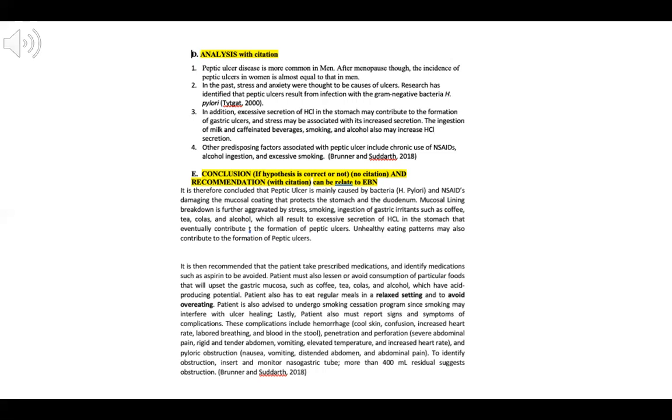So we come up with analysis with citation. Okay, and then the last part of the ecologic study is the conclusion, if the hypothesis is correct or not. And along with the conclusion are the recommendations.